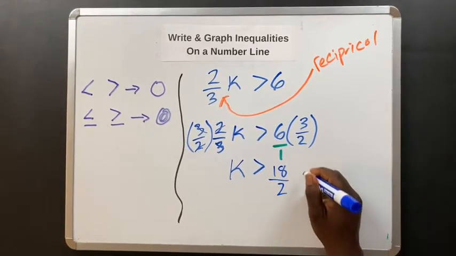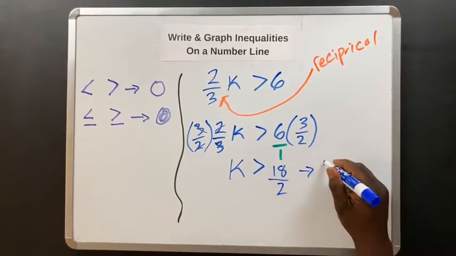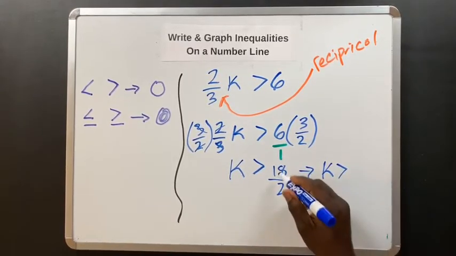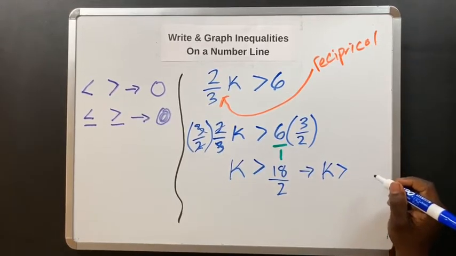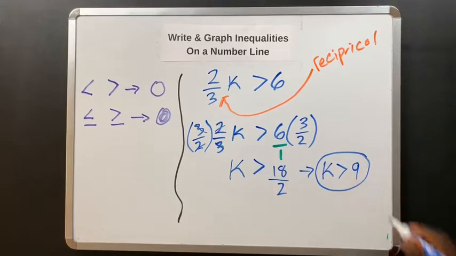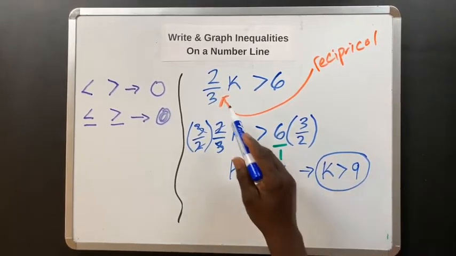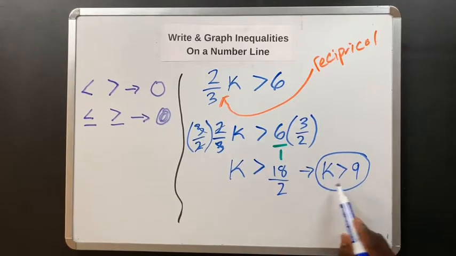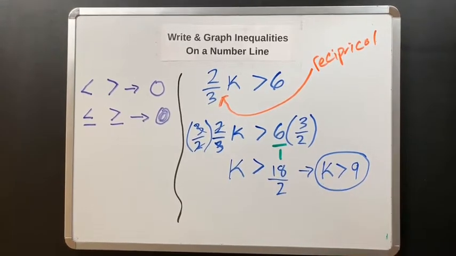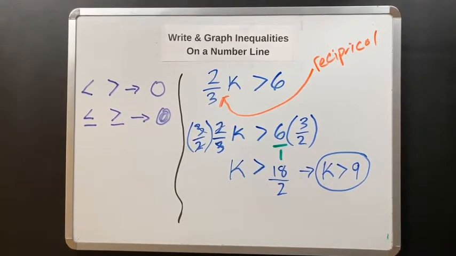But I can rewrite that. k is greater than 18 divided by 2, which is 9. We've solved this inequality, and this represents the solution. All values of k greater than 9. Now, let's graph the inequality.